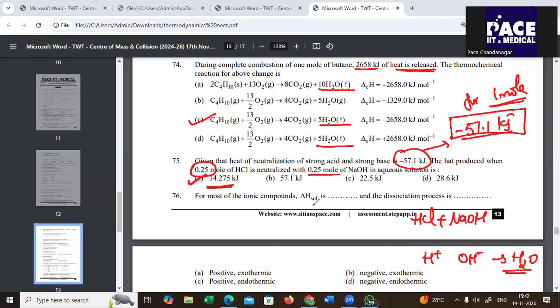For most of the ionic compounds, delta H of the solution is dash. The dissociation process is always, I would say, endothermic, because ionic compounds use heat to dissociate themselves into ions. So endothermic definitely.